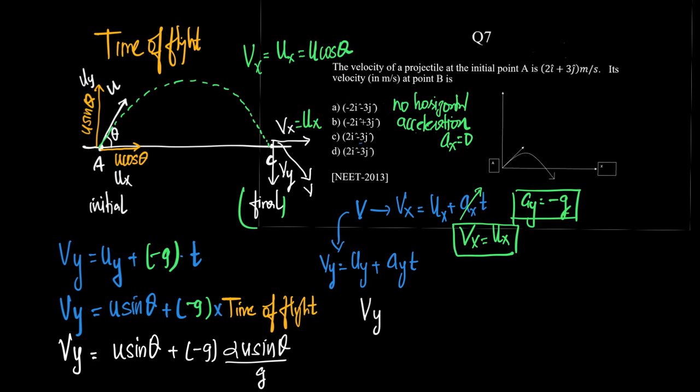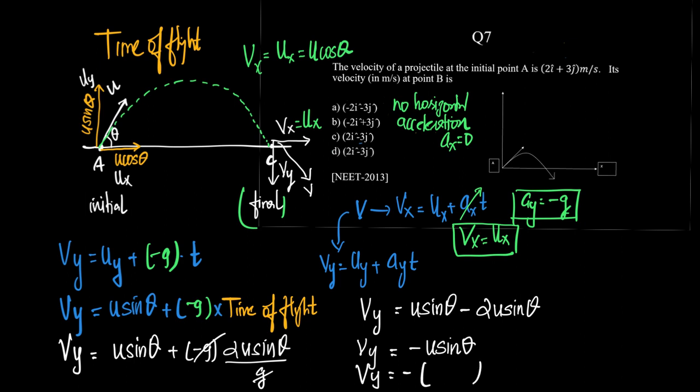Therefore, vy is equal to, g by g is 1, u sine theta minus 2u sine theta, which gives us that vy is equal to minus u sine theta.